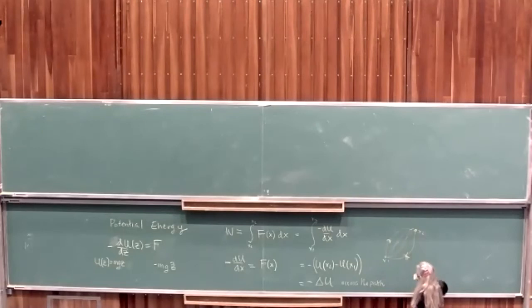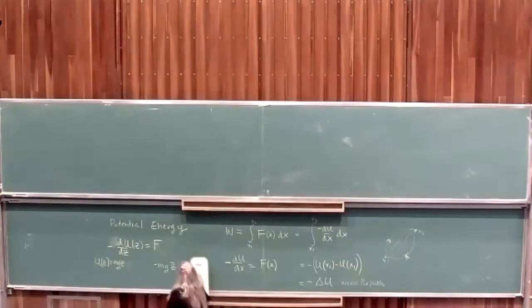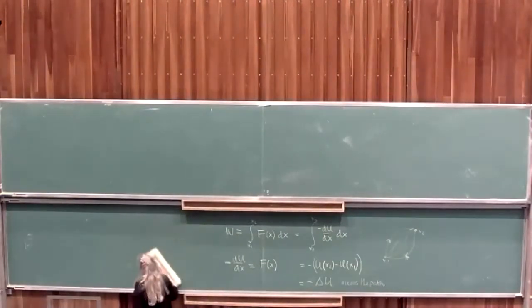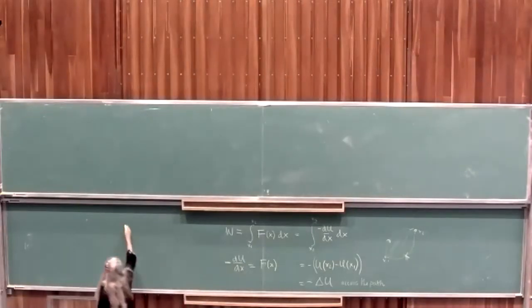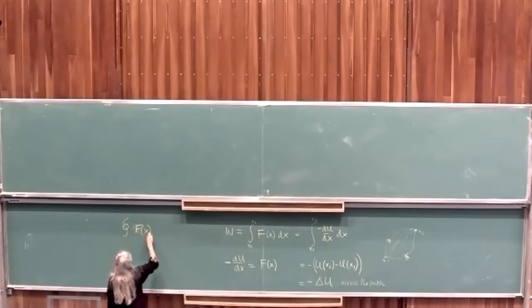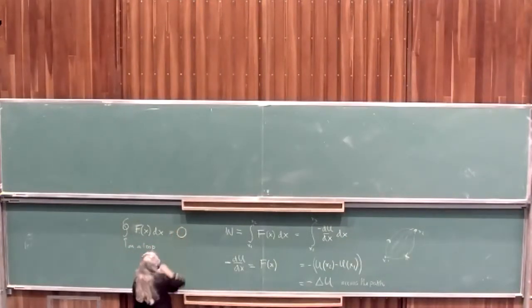So if I integrate F around the loop, in one dimension, I get 0.